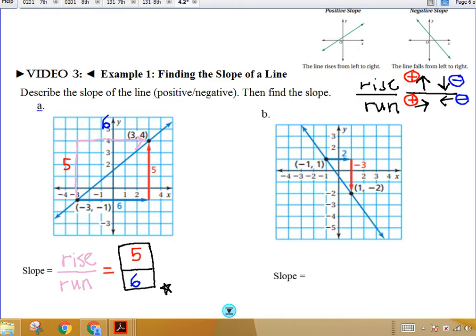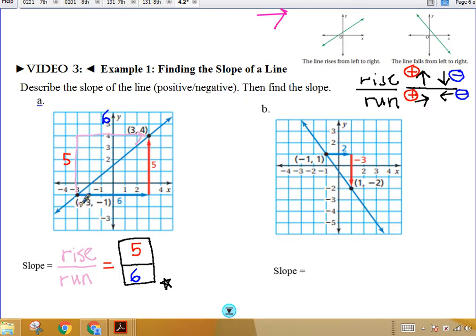Actually, before we move on to the next example, we need to describe the slope of the line. And since this line is going up from left to right, and notice I have put this picture up here for you to see in case you don't remember, if the line is going from left to right, then it's positive.